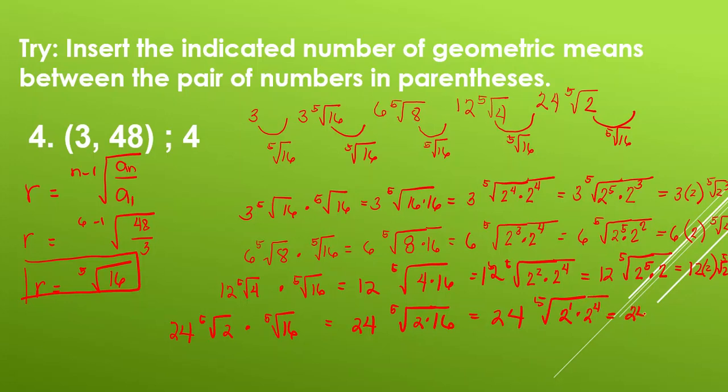So 24 fifth root of 2 raised to 5. Therefore, it's 24 fifth root of 2 raised to 5 is 2. Therefore, this term is 48, which is actually the last term.